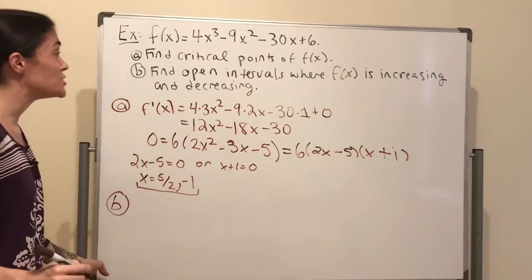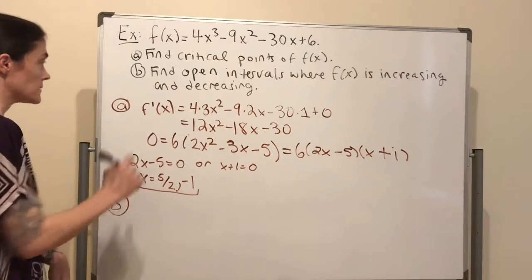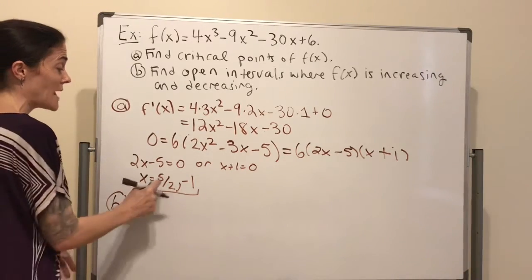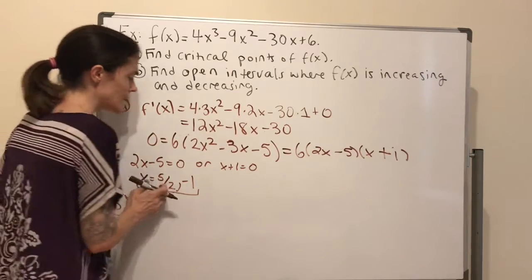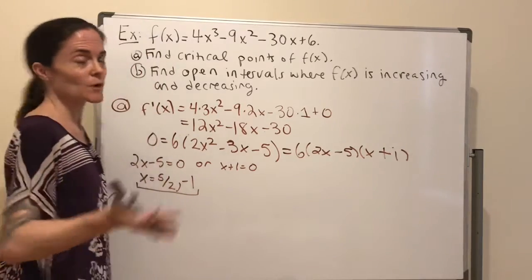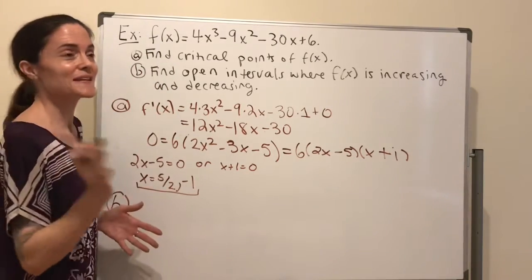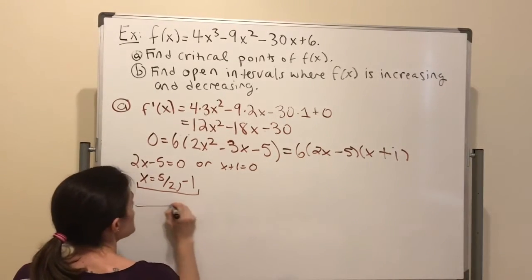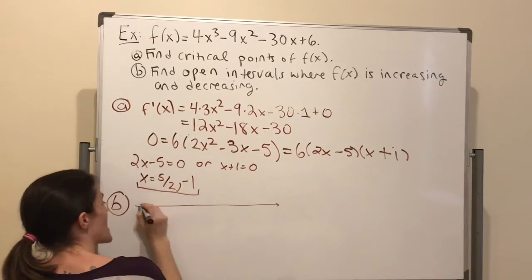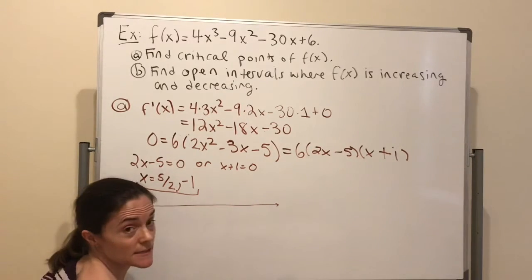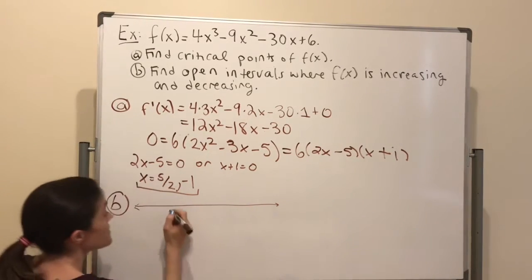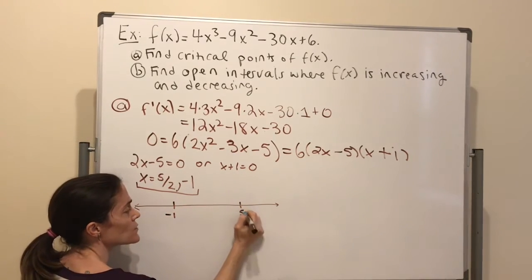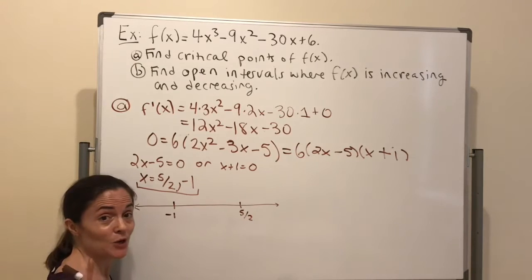So what we want to do here is to figure out open intervals of increasing, decreasing. We have the critical points. These are where the derivative is 0, or we could have derivative does not exist, but that doesn't happen in this example. So I will draw the domain. In this case, the domain is minus infinity to infinity. Then I divide the domain into intervals based on my critical points.